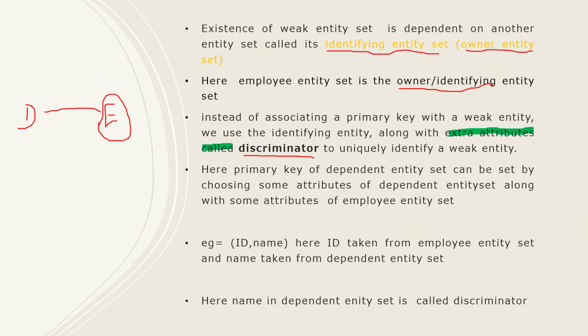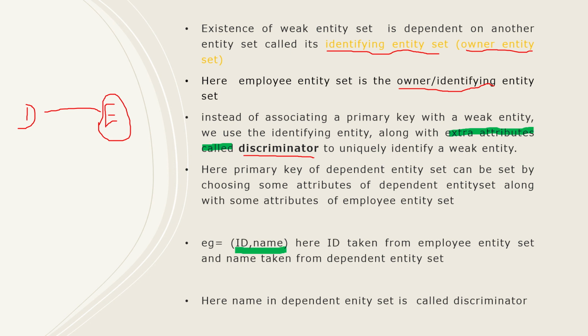Since the weak entity set does not have a primary key, or we cannot set a primary key for a weak entity set, there may be an entity set on which this weak entity depends. In this case, the employee is the strong entity on which this weak entity depends. So we will take a discriminator. Remember that a discriminator is a set of attributes selected from a weak entity set, which will be combined with the primary key of the strong entity set, and that combination can uniquely identify each entity in the weak entity set.